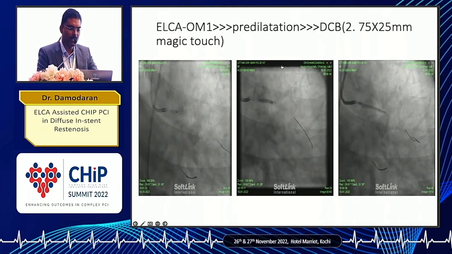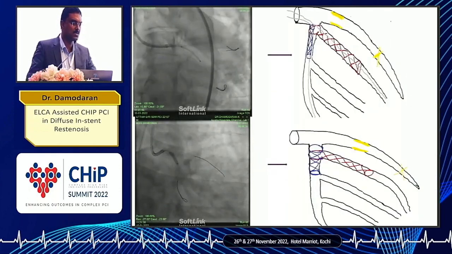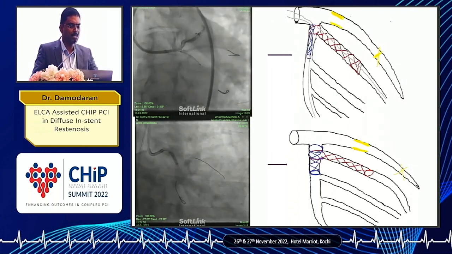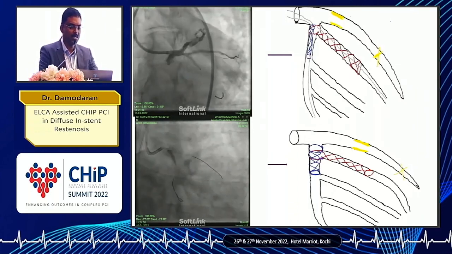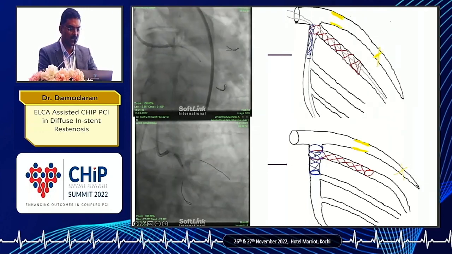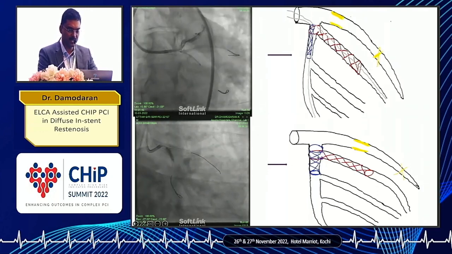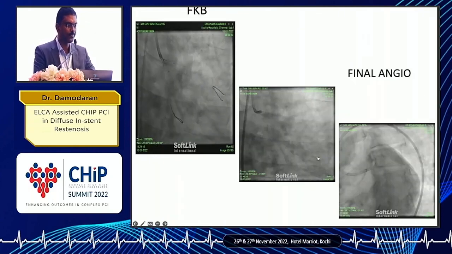Now what I did, I had to put the stent in such a way, because there is no proximal landing zone. It is almost like a modified flower petal technique. So I guess I went through the lower part of the proximal OM stent and then dilated it and put the stent, and then finally did a kissing balloon.